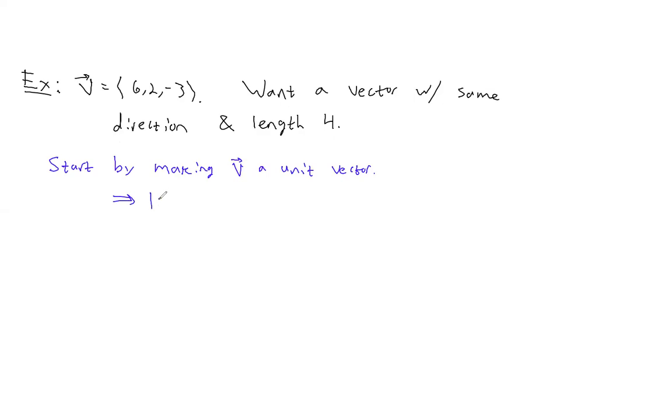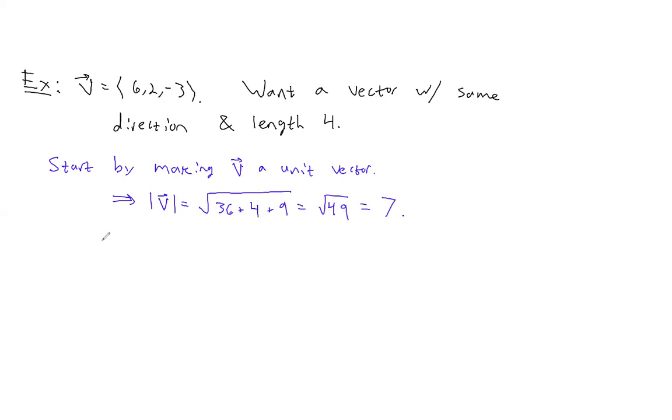And if we do that, then we need to know the magnitude of v. Magnitude of v in this case is what? 6 squared, so it's 36, plus 4 squared, so 2 squared, so plus 4, plus negative 3 squared, so plus 9, or in other words, root 49, or in other words, 7. So the length of v is 7.